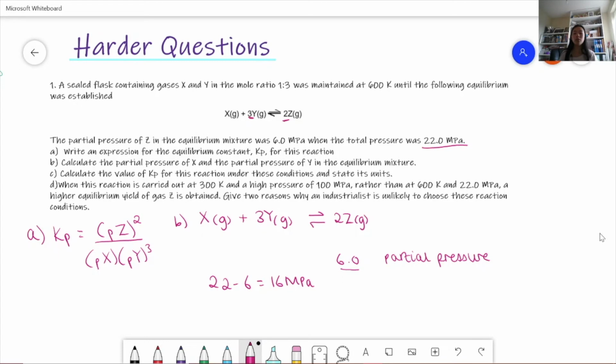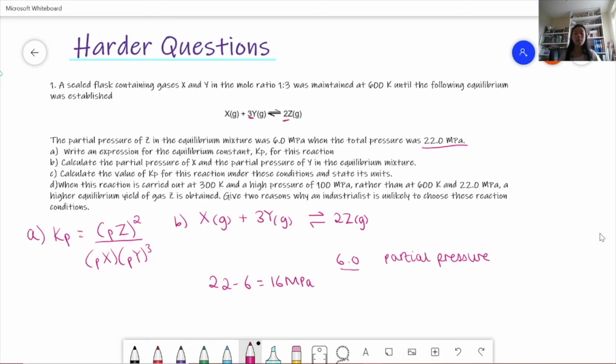And because we've already been given the ratio of 1 to 3, this ratio carries through the entire way, from the initial, to the equilibrium moles and then the mole fraction, and then eventually to the partial pressures. So that means that this 16 megapascals is shared between X and Y in a ratio of 1 to 3 as well.